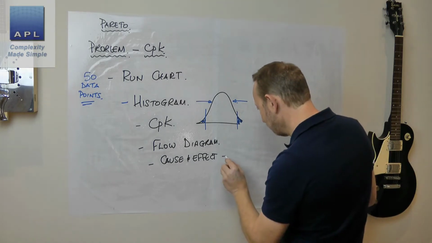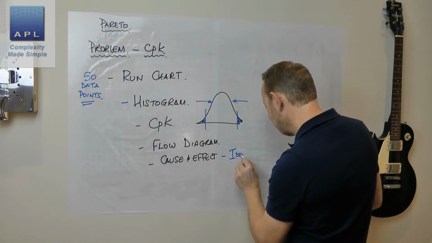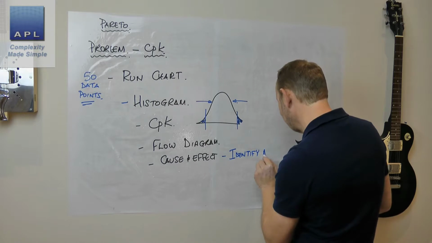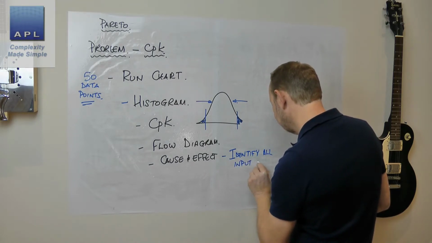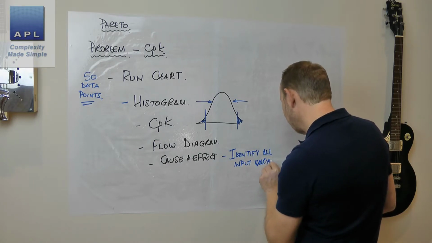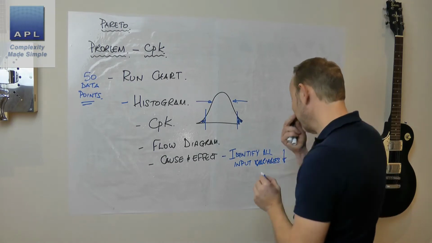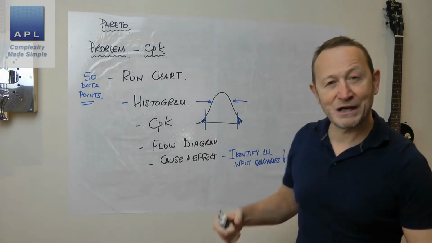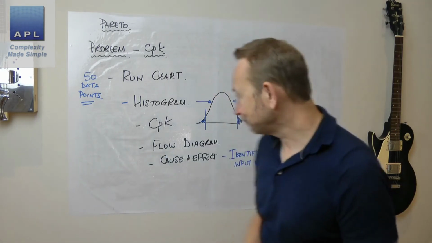Well, what I'm going to do is, of course, identify all the input variables. And I'm going to reduce the variability. I'm going to control as much of that variability as I can. As I do that, I'm going to squeeze my Cpk in.